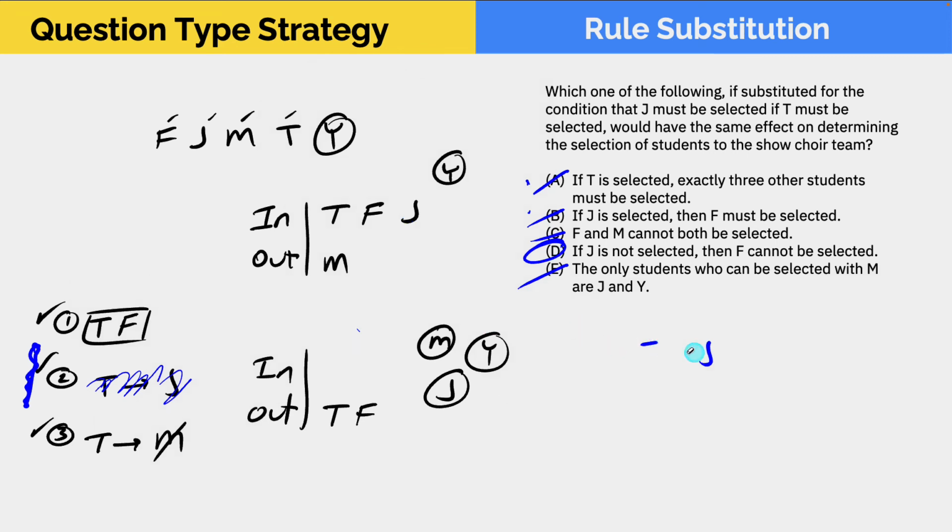Now, another point that I want to make about how we solve this question is to remember the two different stages of analysis. When we're applying the first criteria, does this answer have to be true under the original rules? We're pretending like the rule that we're trying to replace, rule 2, is still in effect.